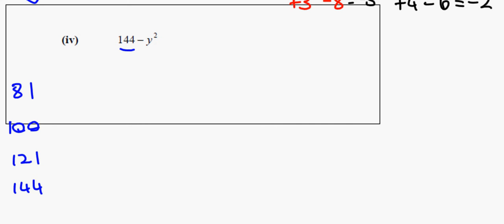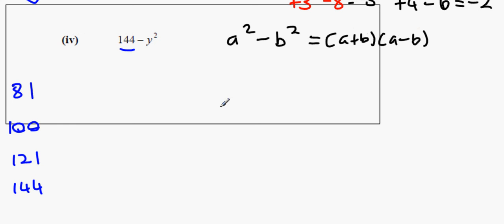So remember what we said about these ones, where there's a minus in between and both of them are squares, okay? So what you're going to get is a squared minus b squared equals a plus b into a minus b. So what's going to happen here is we're going to square root 144 and see what it comes out, and the answer will be 12. Okay, so now we know that this is the same thing as 12 squared, or 12 multiplied by 12, and this is going to be y squared.